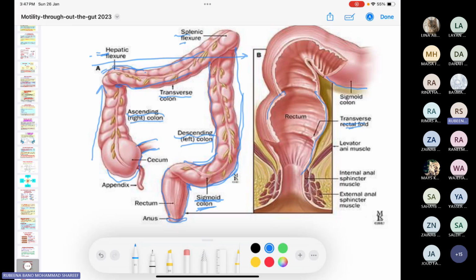What is important here regarding the defecation reflex is the internal anal sphincter, and outside, the external anal sphincter, which is made up of skeletal muscle. So regarding defecation, you should know these structures: the internal anal sphincter and the external anal sphincter.